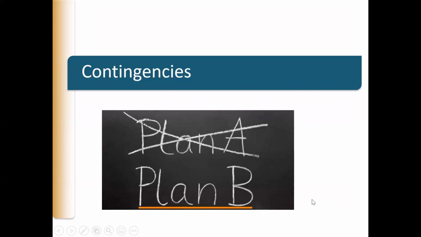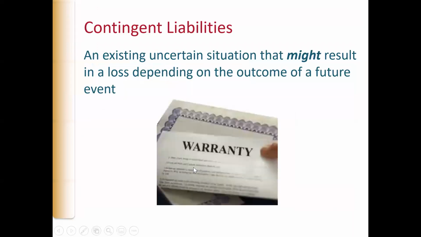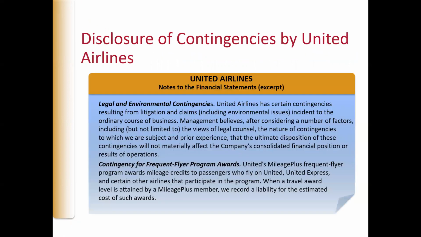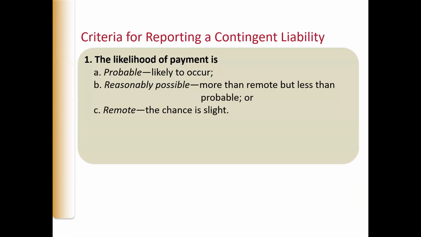Now we're going to look at contingencies. A contingent liability is an existing situation that's really not clear. It's uncertain, and it could result in a loss dependent upon some future event. So you don't always know, but there are ways in which we determine how to handle it.